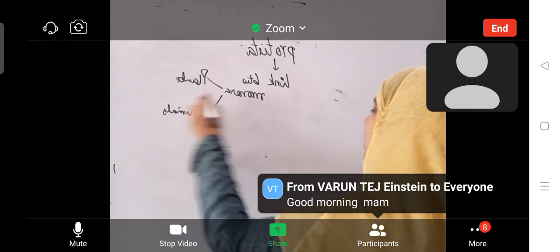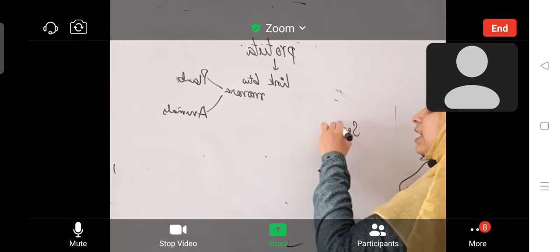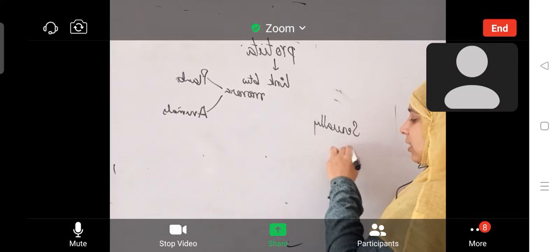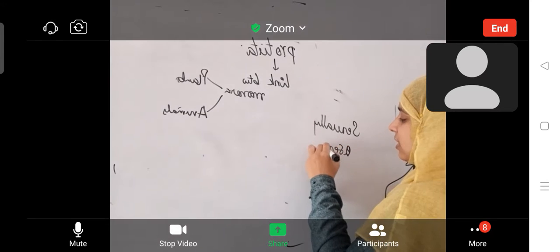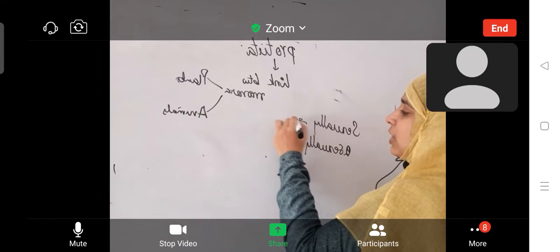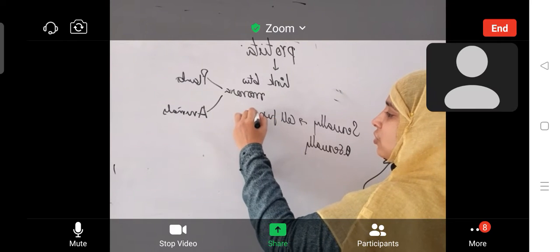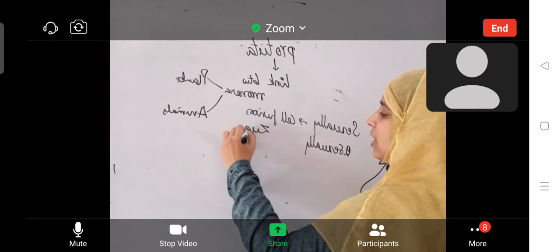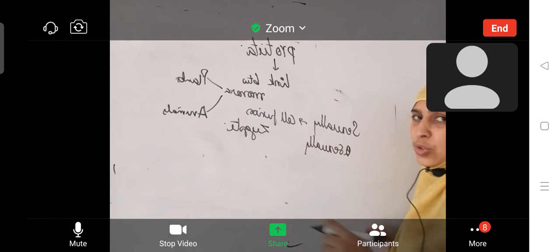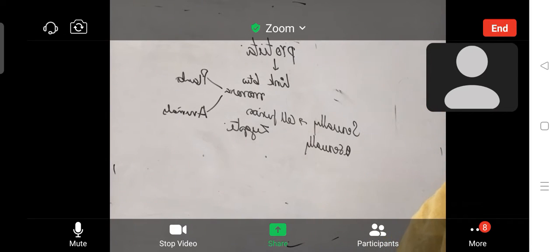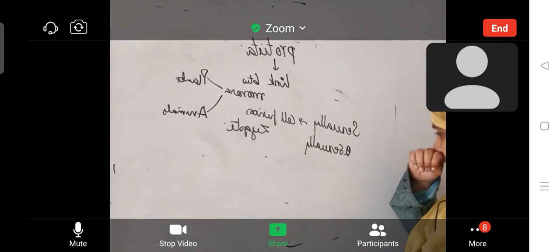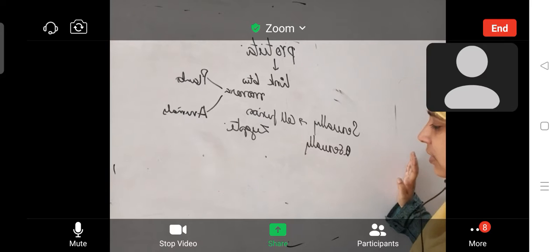They reproduce sexually as well as asexually. They can reproduce sexually by cell fusion and formation of zygote, or they can reproduce asexually also. We'll discuss how asexual reproduction occurs, right?